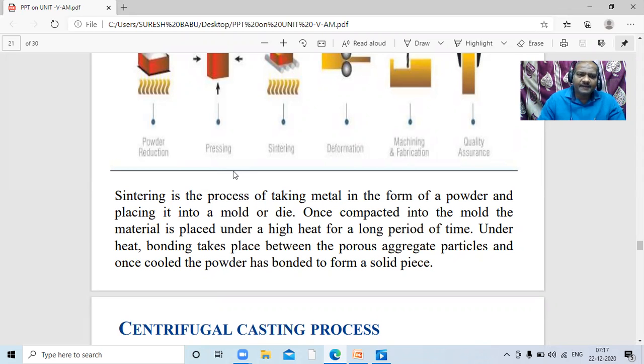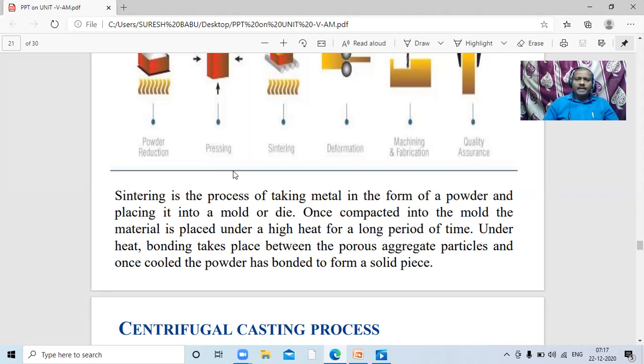Try to understand here. Sintering is the process. What we are going to do, we are going to take the material in the form of a powder. In that powder, we are going to add the required material properties for the workpiece. And then it is going to be kept in a mold. That means we are going to get the required size and shape in that mold.